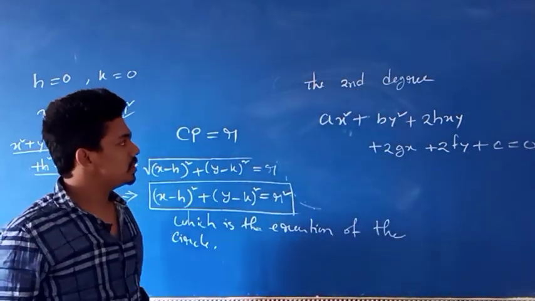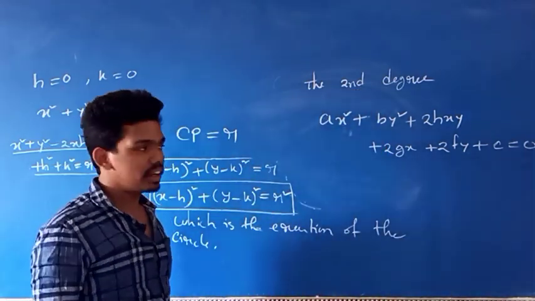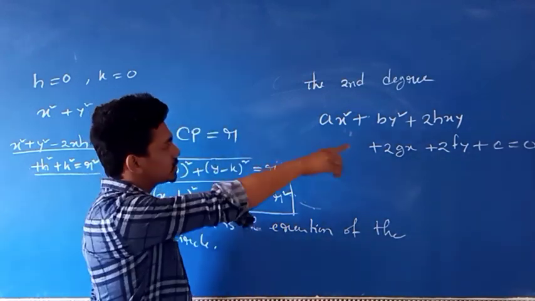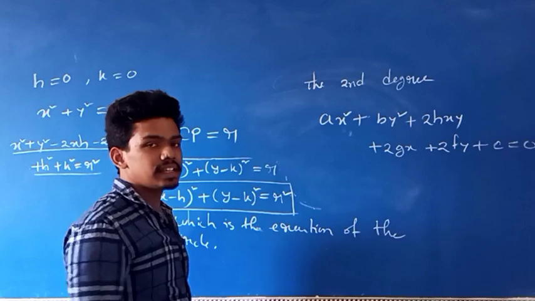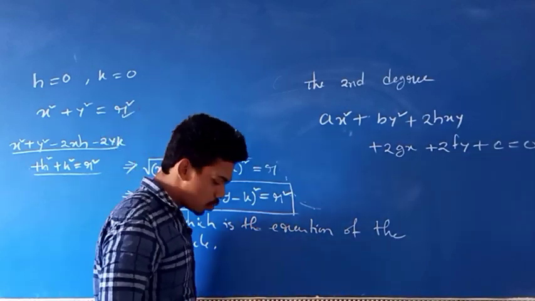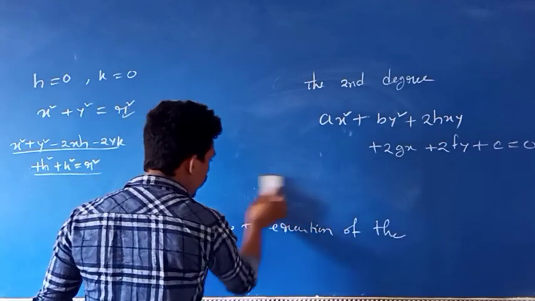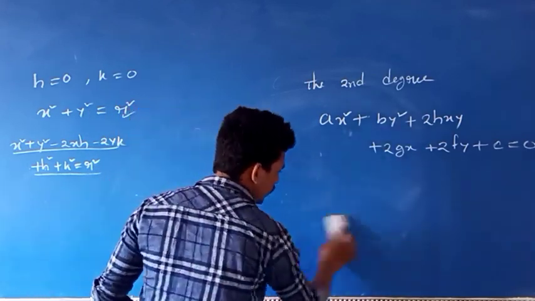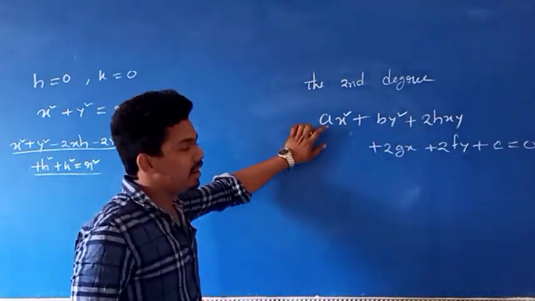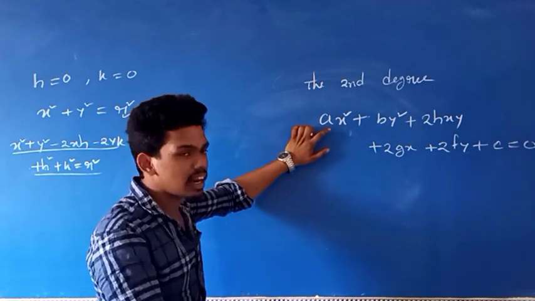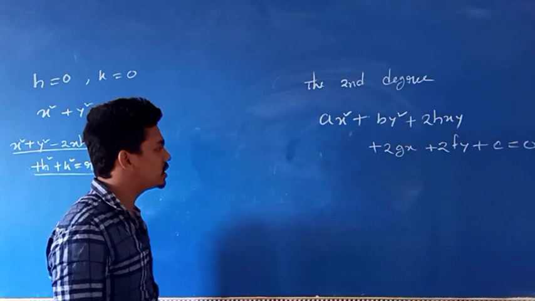This is the second degree equation in two variables x and y. And this equation will represent a circle if there are two conditions.